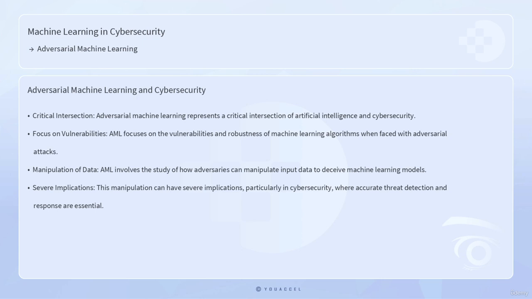AML involves the study of how adversaries can manipulate input data to deceive machine learning models, leading to incorrect predictions or classifications. This manipulation can have severe implications, particularly in cybersecurity, where accurate threat detection and response are essential.